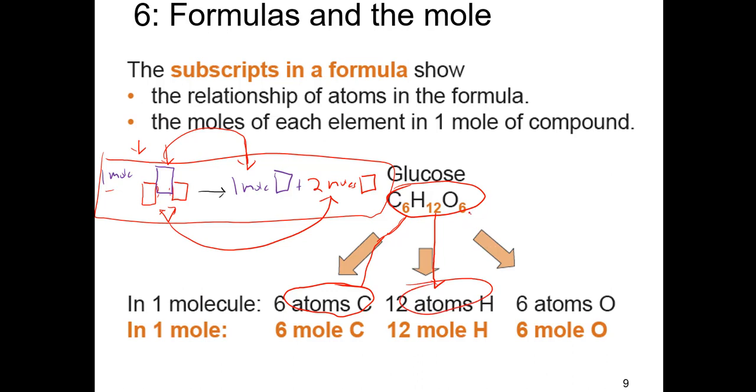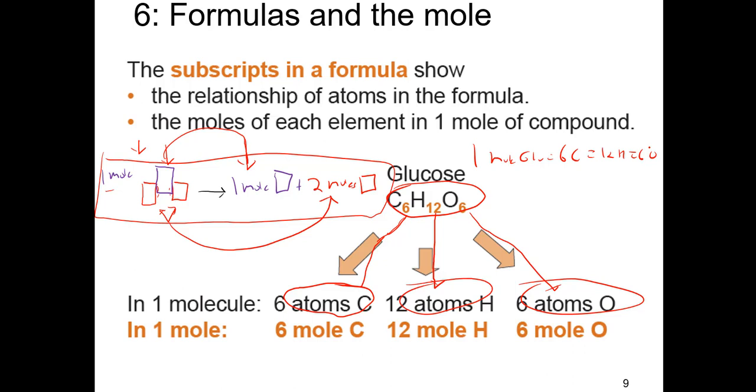And then here we have oxygen, O, which has 6 atoms that make it up. So in short, for 1 mole of glucose, we have this ratio of 6 carbons, 12 hydrogens, and 6 oxygens.